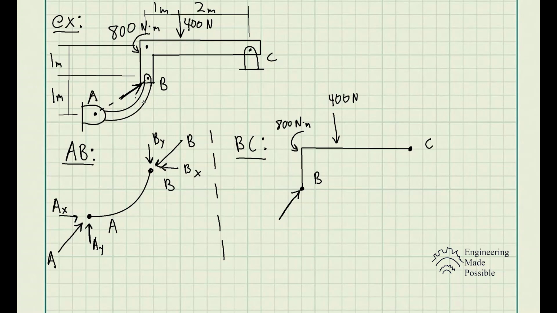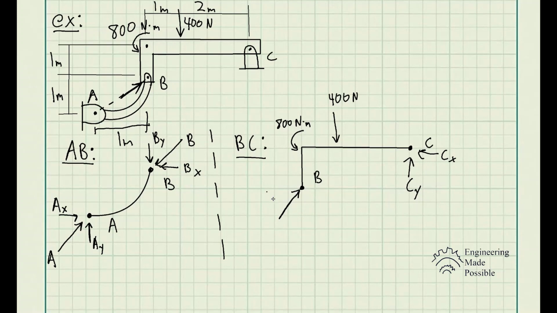Luckily we have the rise and the run: it's 1 meter going up, and this one is also 1 meter. Essentially, we have the angle of that force. And now we are able to do the equilibrium equations here for Cx and Cy and solve accordingly.